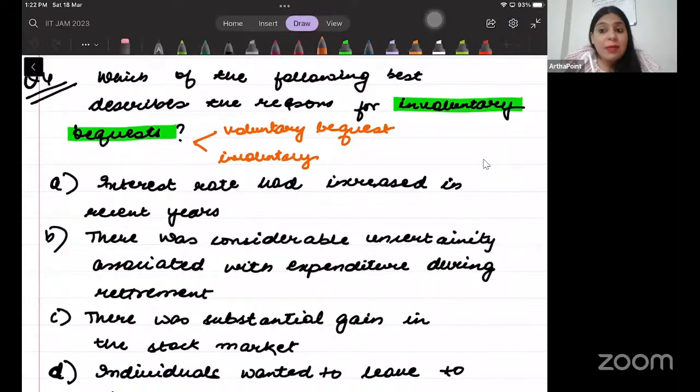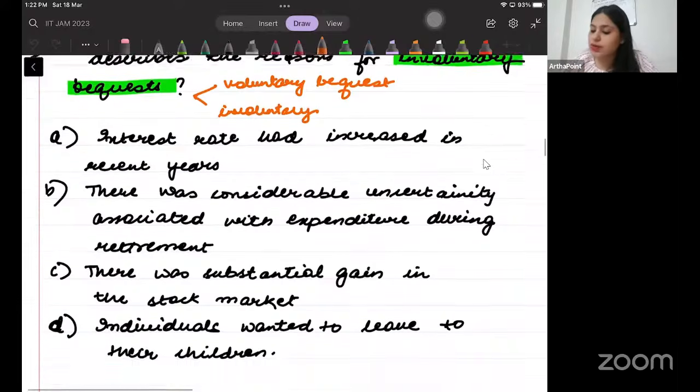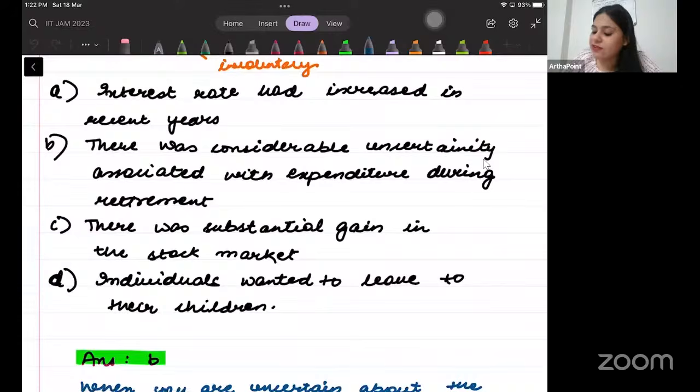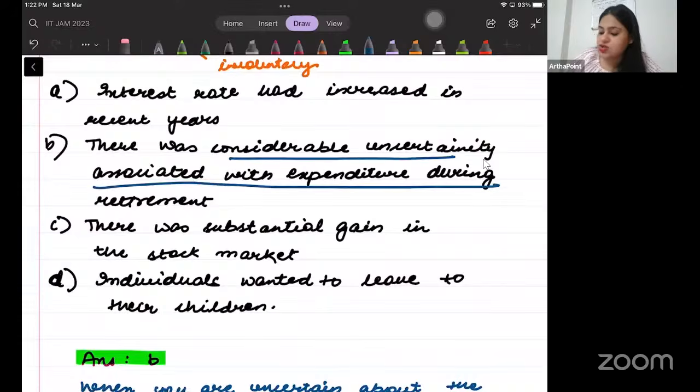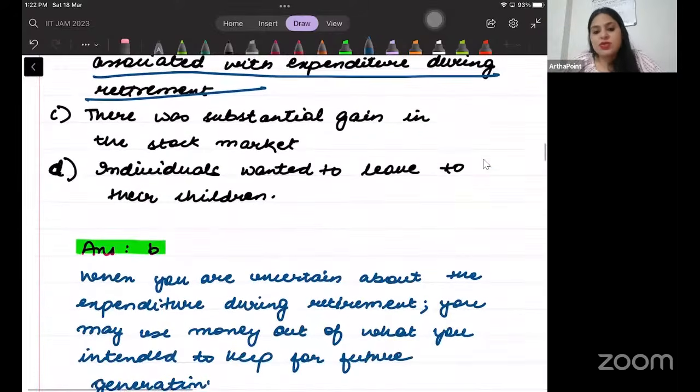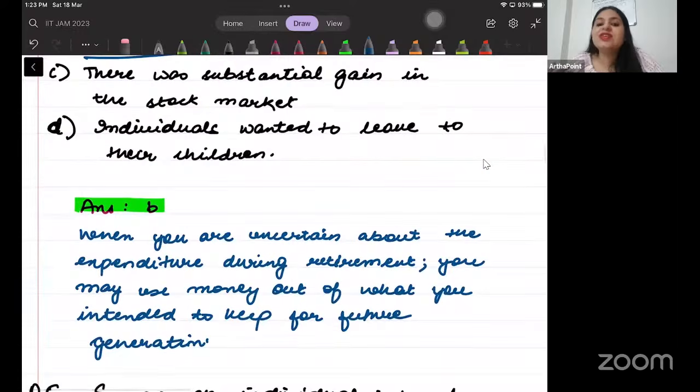But in my mind, I may also be keeping this because I think that during retirement, I may not have enough money and I may have to sell this to keep a living. So usually, whenever you have considerable uncertainty associated with expenditure during retirement, that is when you have involuntary bequest, right? So you may intend to use that money for yourself rather than actually going ahead and helping your future generation.